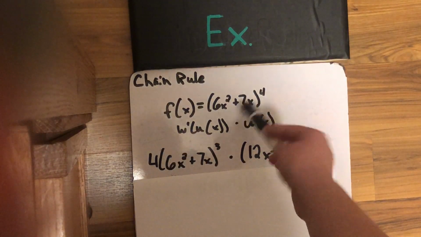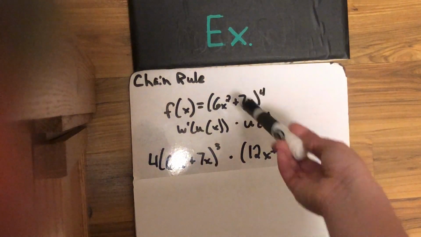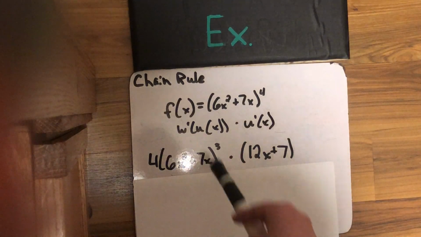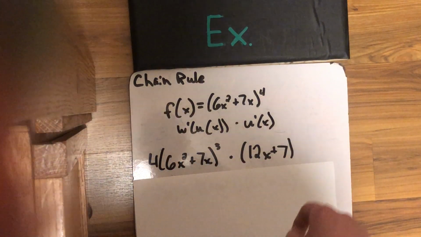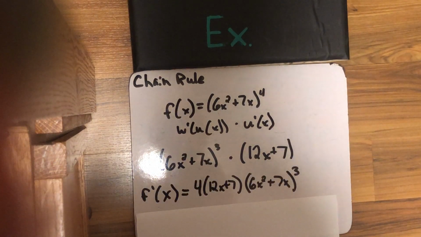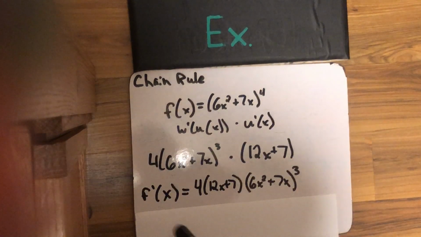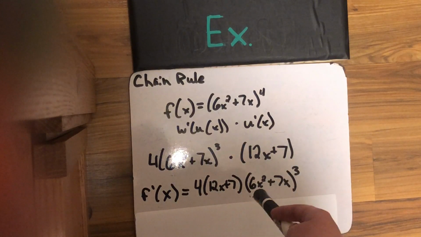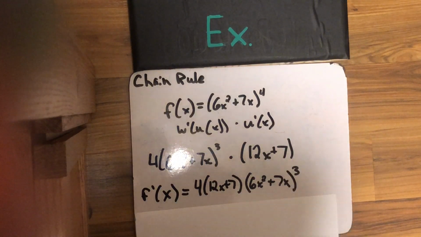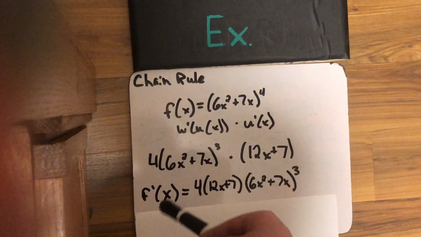So we multiply that times 7, which is 7, and 1 minus 1 is 0, so the x goes away. Then we have f prime of x equals 4 times 12x plus 7 times 6x squared plus 7x to the third. This is our finished chain rule.